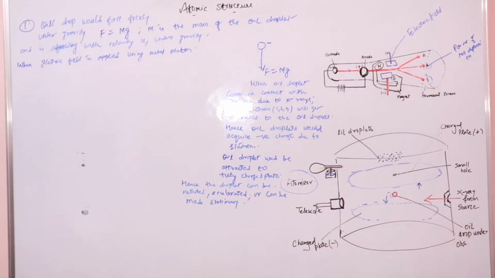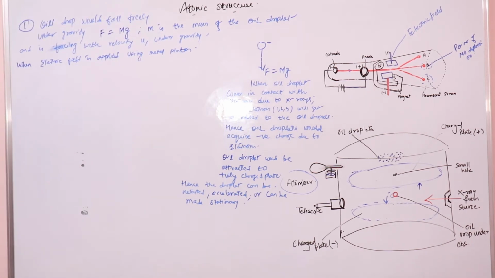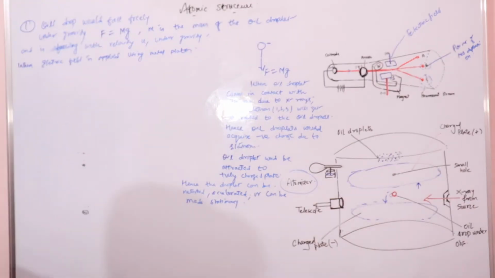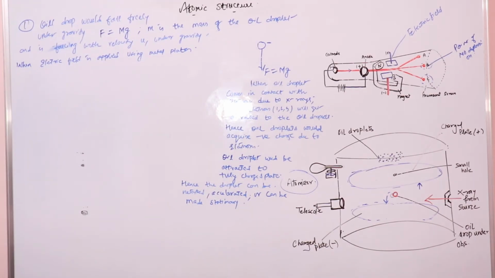So now we will look more into it. What is the force? Like we have studied before in Thomson's experiment, when this oil droplet enters this electric field, it is acted upon by a force equal to the product of the electric field and the charge on the droplet.